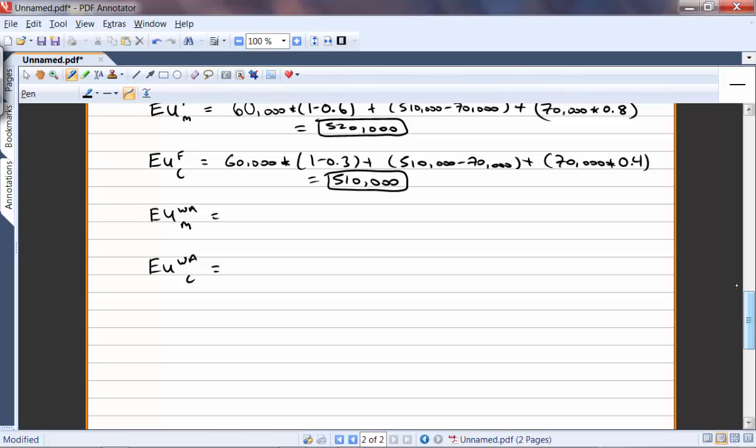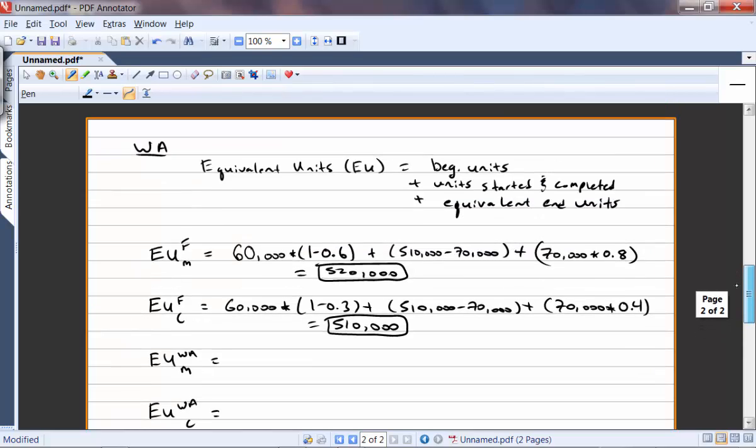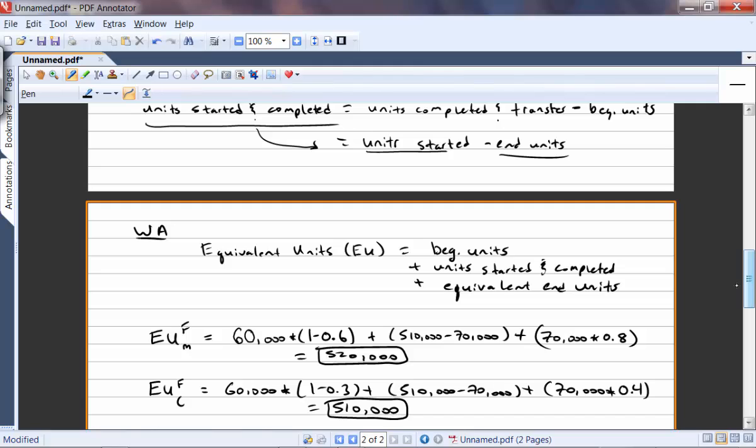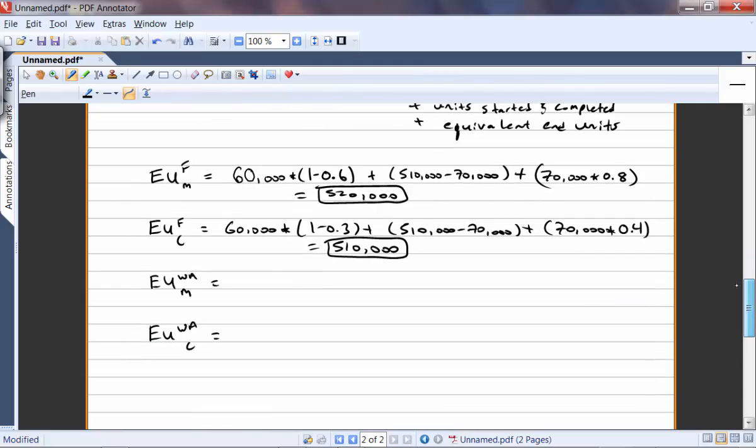Now let's do weighted average. Under weighted average, we just simply have the beginning units. But I'm going to go ahead and multiply this by something. Weighted average assumes that each of these 60,000 is 0% done with respect to, in this case, materials.